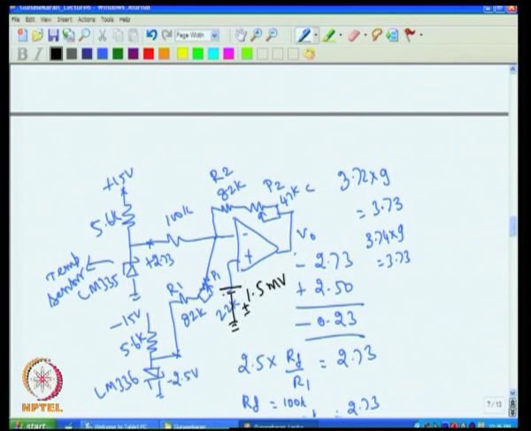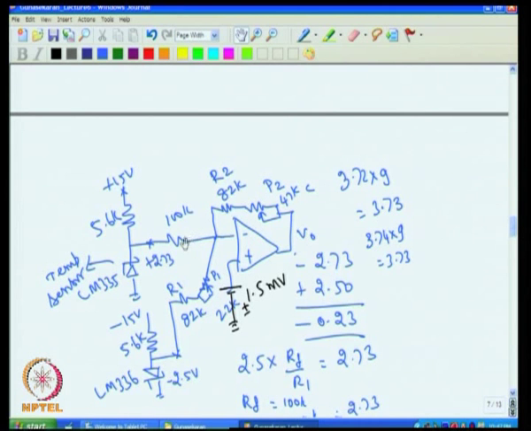Now, to find that, I have to ground this and see how many times it is amplified at the output. This resistance is around 100K, and then you have here 100K. If I take this also nearly 100K, and I ground this and this, then these two resistances come in parallel, and we find out the effect of this.